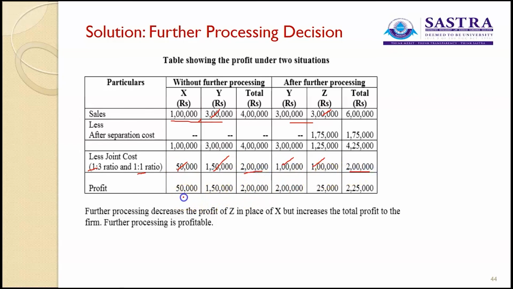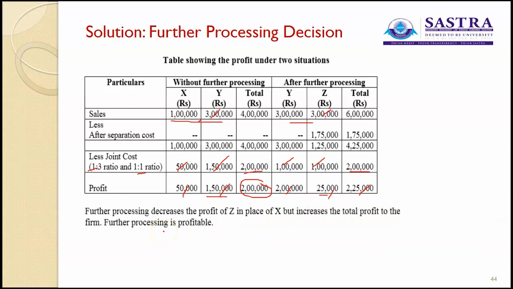Then the profit is 50,000 for X and 1,50,000 for Y before processing, and we have a profit of 2 lakh rupees. Now after processing, we have 1,50,000 for Y and 25,000 for Z, so it will be 2,25,000. So the further processing decreases the profit on Z. See here, it is 1,50,000 for Y, and here it is 25,000 in place of X, but it increases the total profit to the firm.